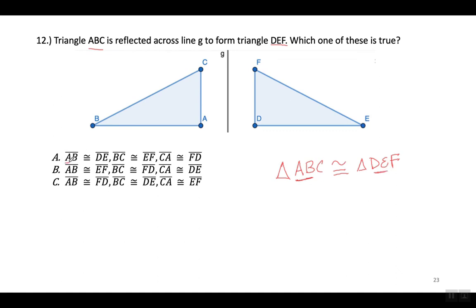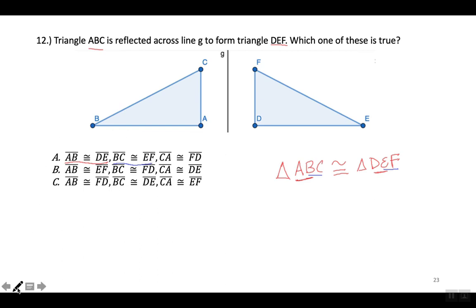Side AB has to be congruent to side DE. Okay, now if I look at the second and the third letter, let me change the color here to make it easier to see. The second and the third letter, side BC corresponds to EF, and that's what it's saying here, segment BC is congruent to segment EF.